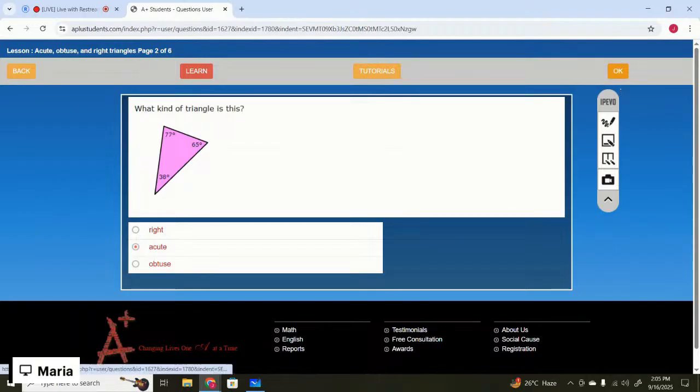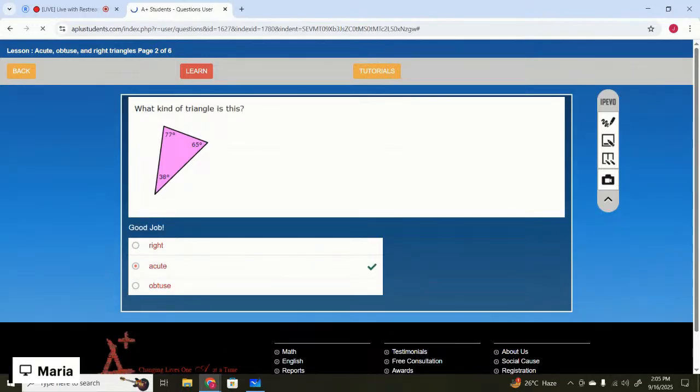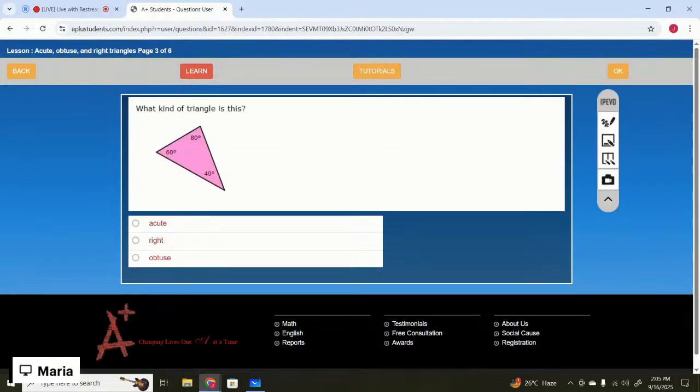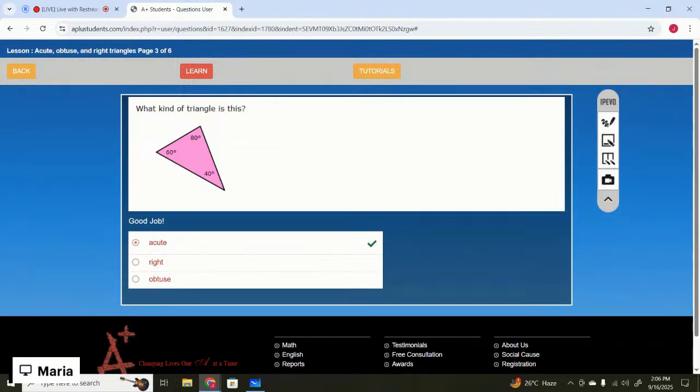Option number 2 is the correct option. Again, that is an acute triangle because all the angles are less than 90 degrees.